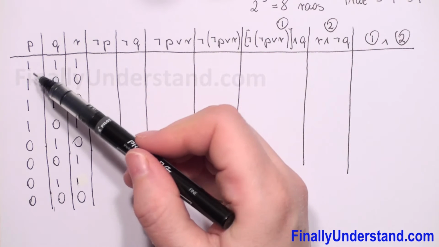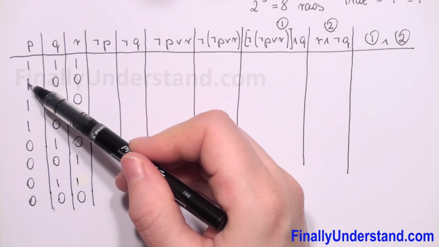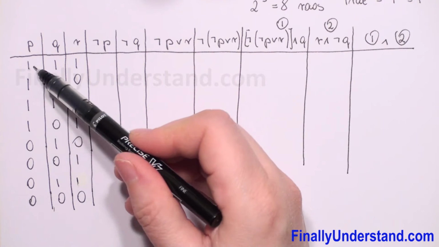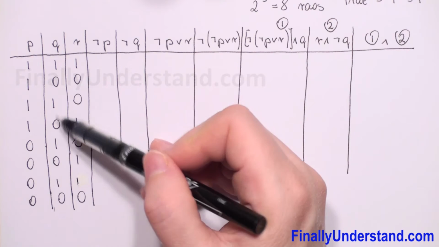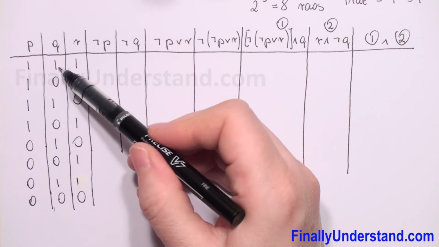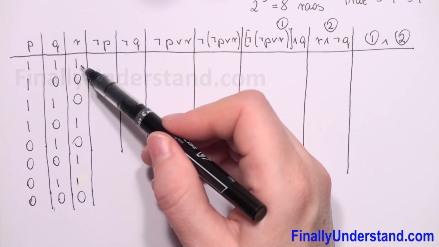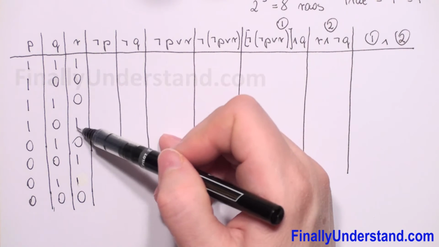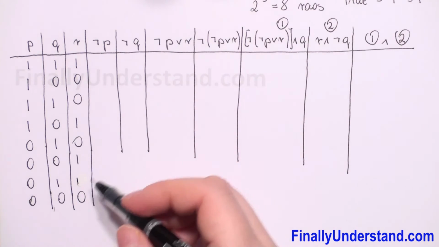You can always check. When we have 8 rows, you should have P true 4 times and false 4 times. The same for Q: 1, 2, 3, 4 zeros and 1, 2, 3, 4 ones. And for R we have to have 4 trues and 4 false. So everything is okay.